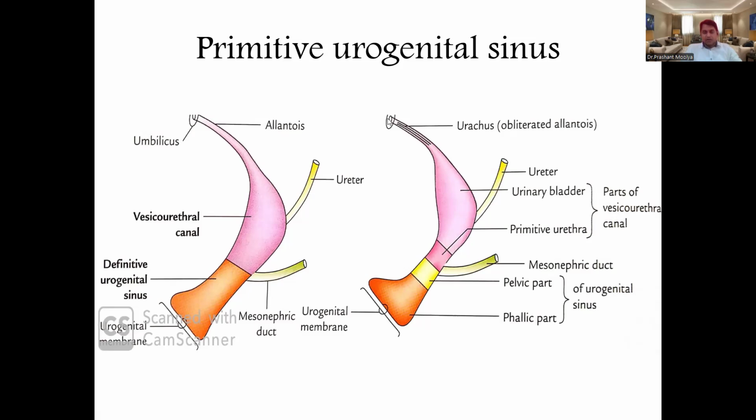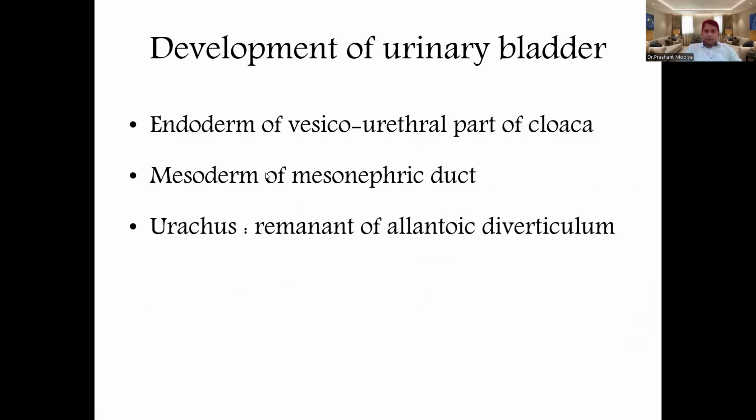Its terminal part, which is called the allantois, gets fibrosed and it's called the urachus. While the mesonephric duct as well as the ureteric bud, which is absorbed inside, will also contribute into the urinary bladder. So this is the gist of that. The development of the urinary bladder happens from the vesicourethral part of the cloaca, the mesoderm of the mesonephric duct, and the urachus.